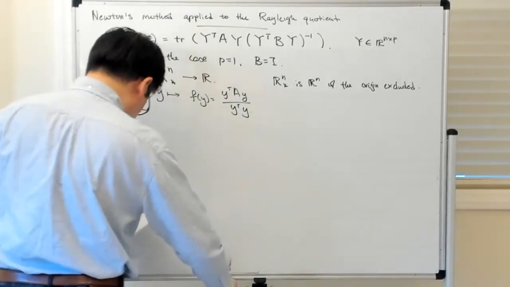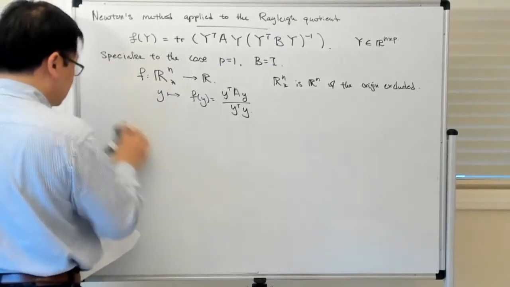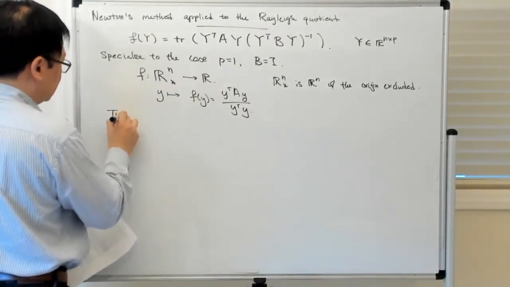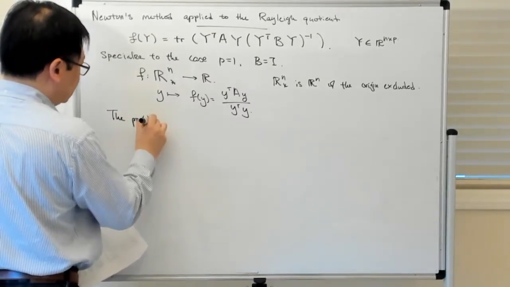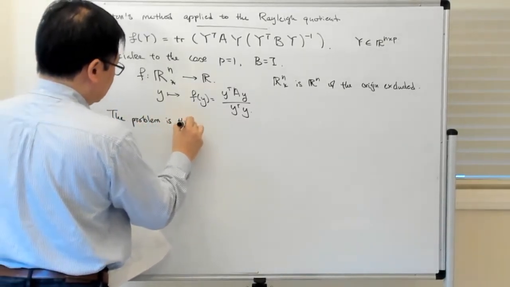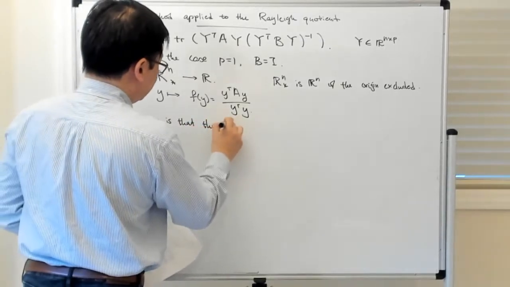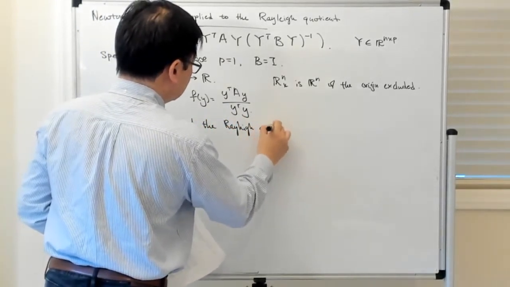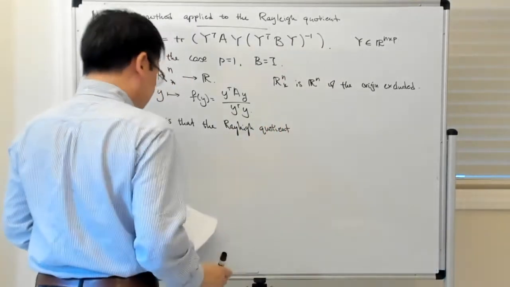Before I state that, again, the problem is that the Rayleigh quotient is scale invariant.